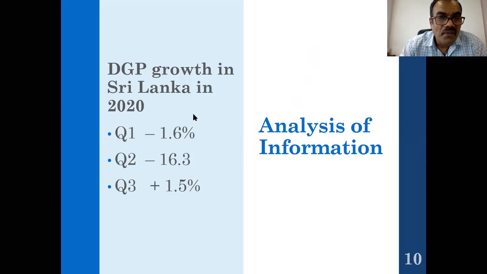One person has noted one thing. I have mentioned here GDP growth as DGP, and he's asked whether it is DGP or GDP. Yes, it is GDP. It's my mistake. But I do not want to say that it is my mistake.